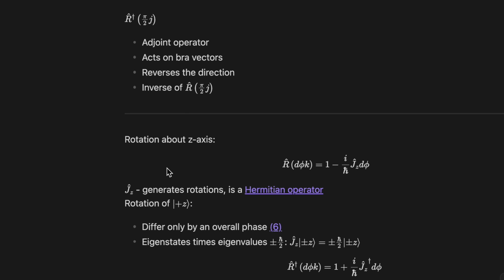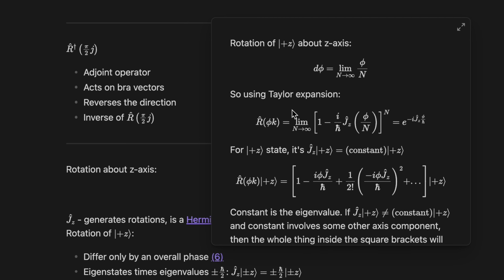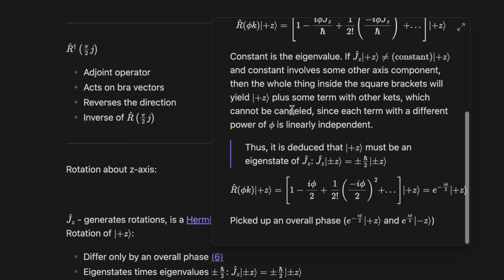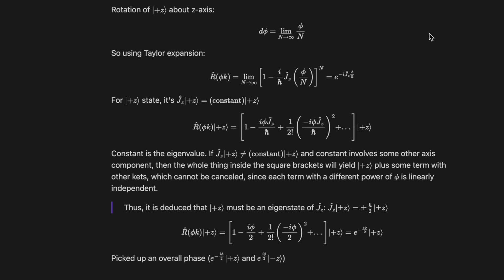Obviously, the state vector should not change its direction, but it acquires a phase factor. This is because plus z is an eigenstate of J hat. Here I'm explaining how and why plus z is an eigenstate of J hat, and we deduce it through Taylor expansion. You can take a look at it.